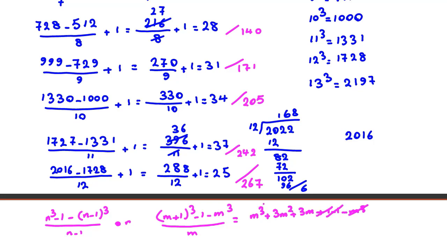You can cancel these, divided by m. So it was 3m plus 3. And because we have also plus 1 here, it will be 3m plus 4. So as you can see, all of them are 3m plus 4.